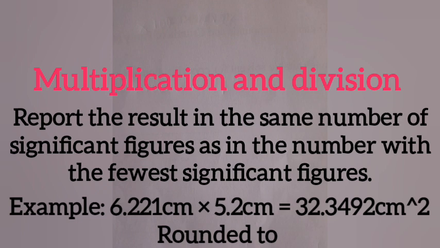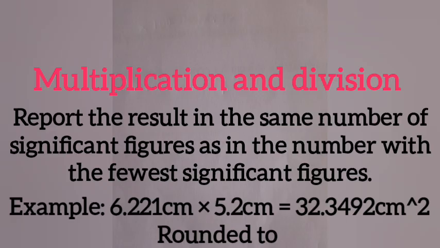So here we understand that the number with the fewest significant figures has 2 significant figures. Hence, the result is expected to be presented in 2 significant figures.